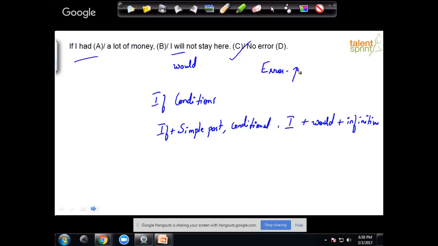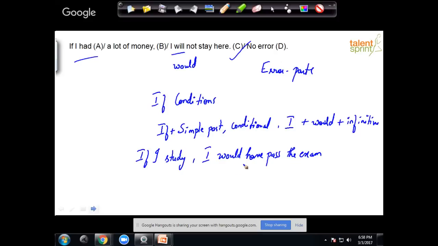So it's important for you to be familiar with all the conditionals, right? If there is an error pertaining to first, second or third conditional, you should be able to quickly identify that. So if I say, if I study, I would have passed the exam, as soon as you see the sentence, you know it's incorrect.